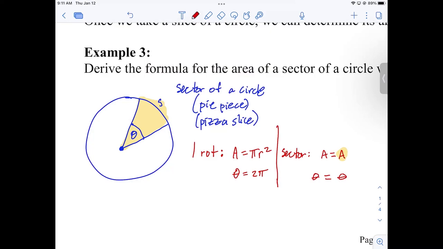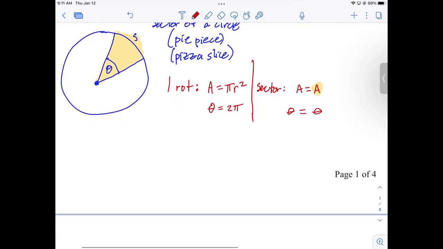So I think we can do parts to whole. Using a proportion, we could say the part, which is the area of the sector that we want, is to the angle theta as the area of the whole thing, which is pi r squared, is proportional to the full angle, which is 2 pi.